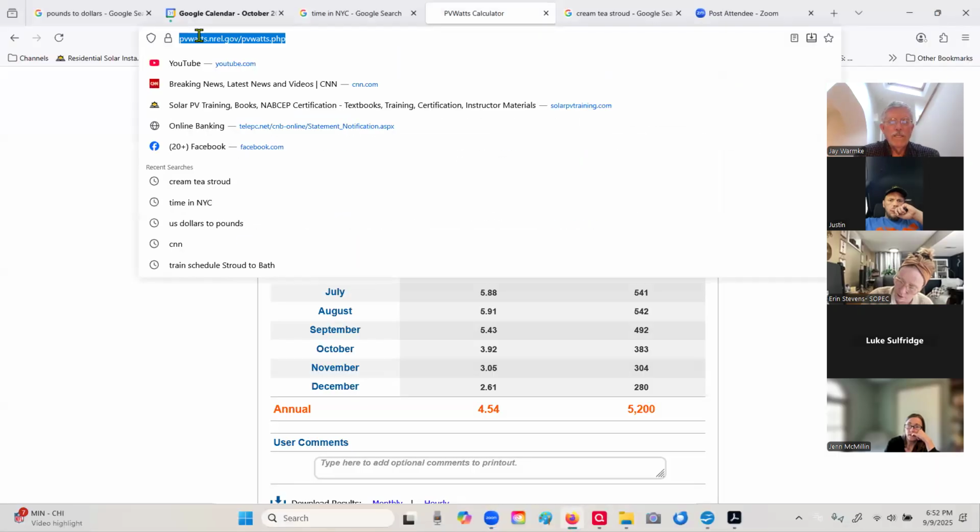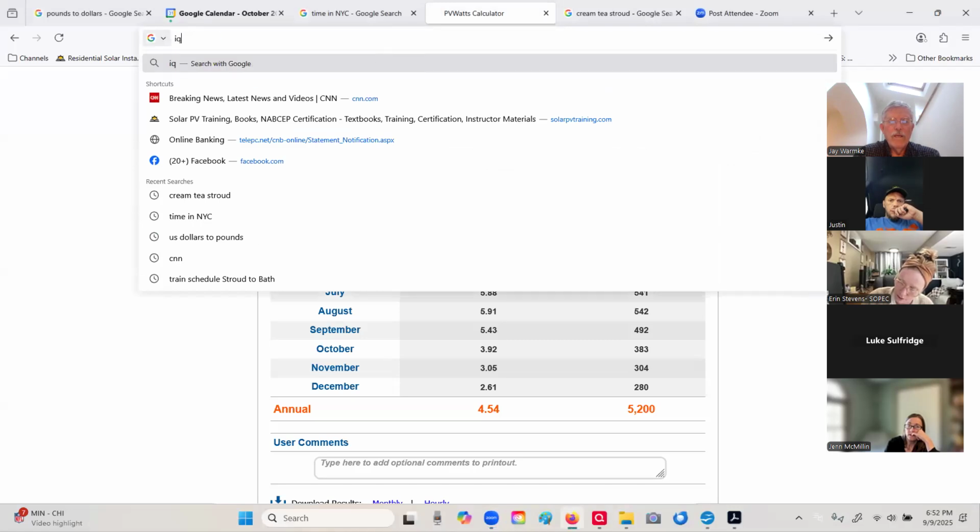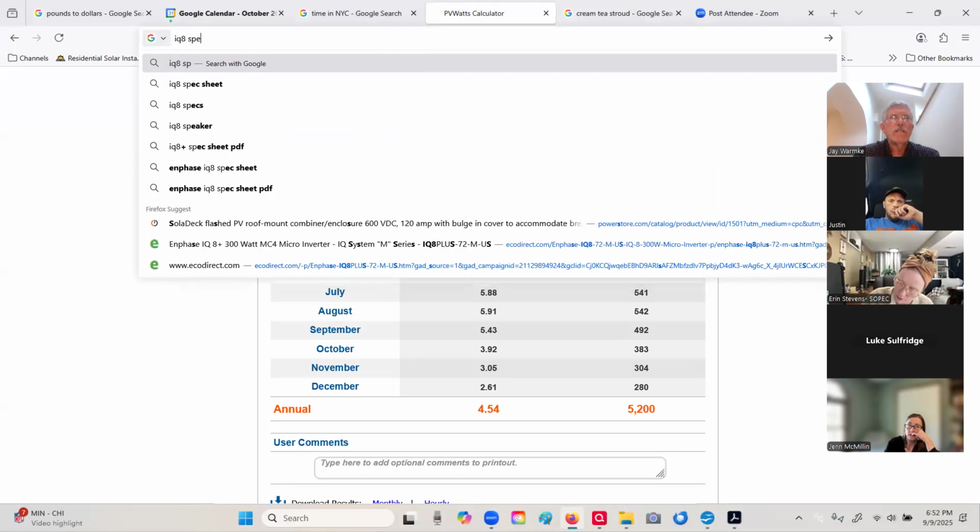Let's just look at it and see. If I go to my screen, is this the one? Yeah, get out of PV Watts and just search IQ8 spec sheet.